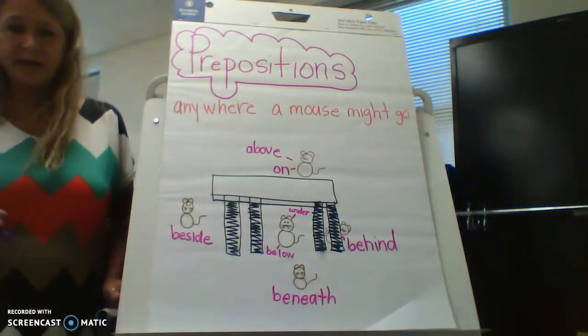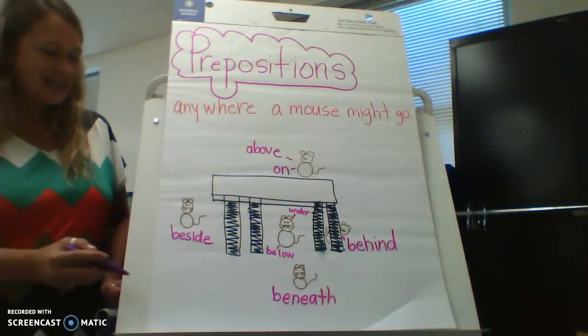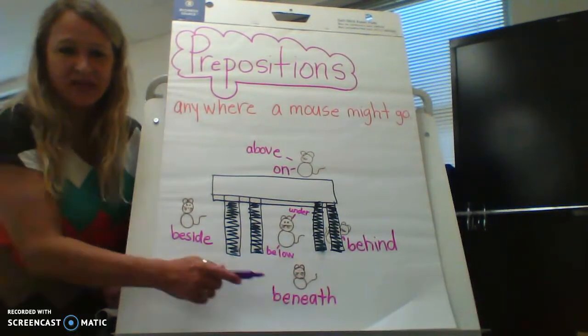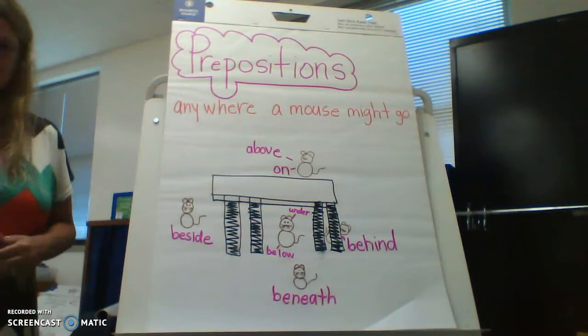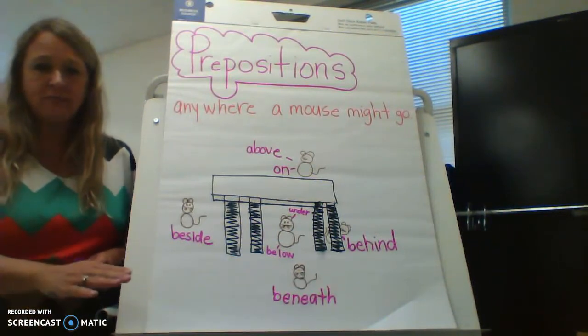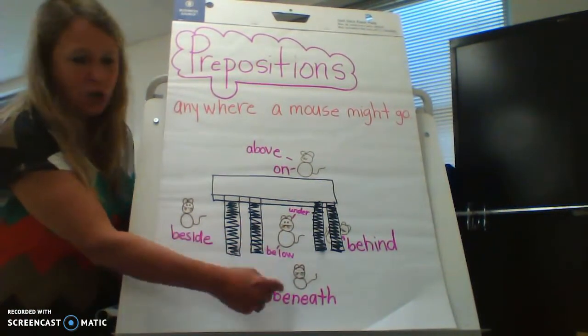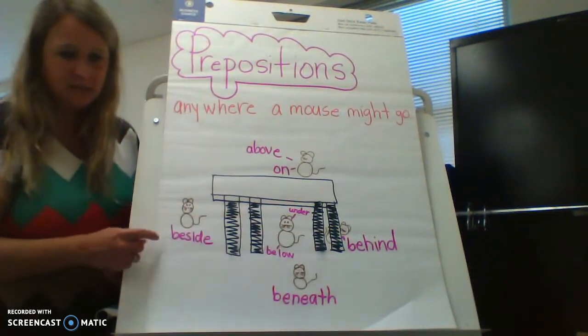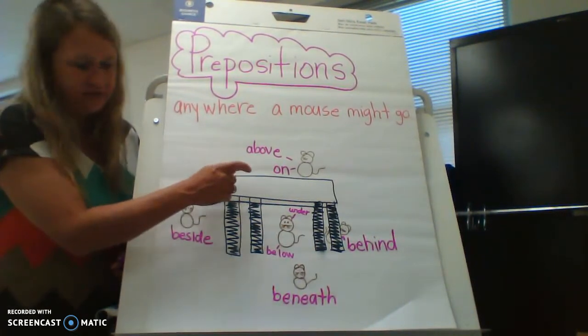Don't worry, you're going to get a better picture to copy. This mouse is beneath the table. That's even lower than below. Okay? Under, below, beneath. Behind, beside, above, on.